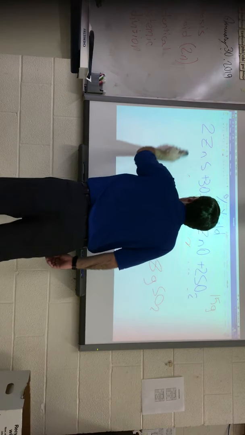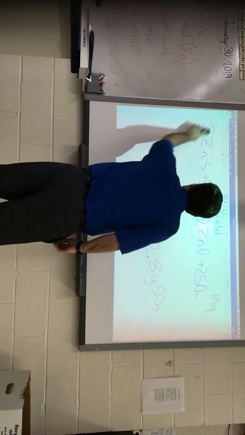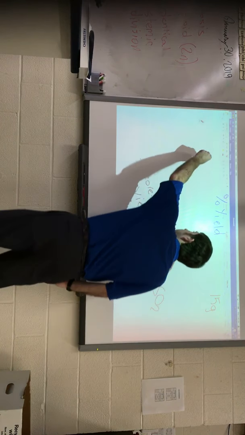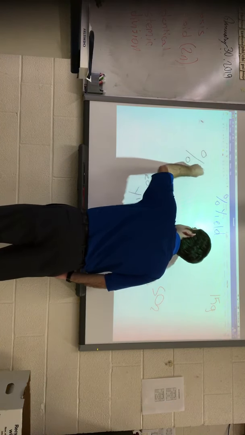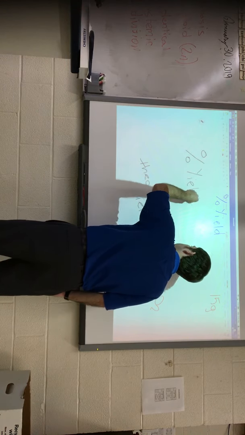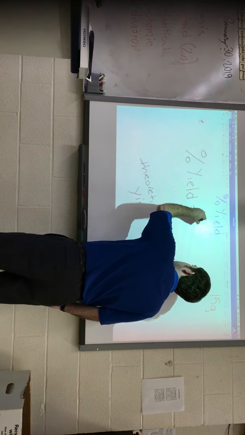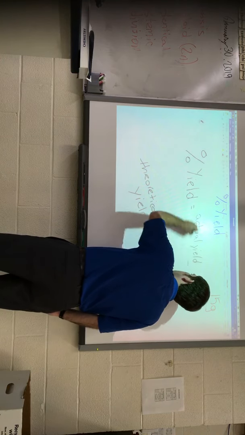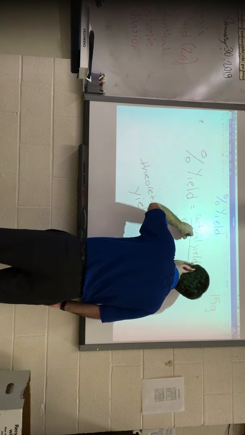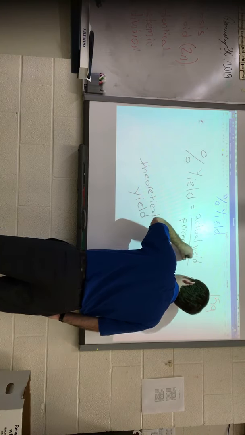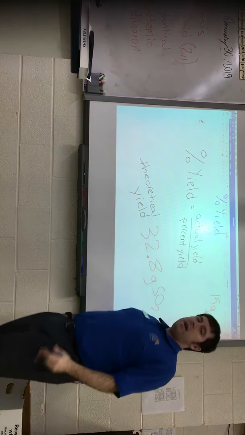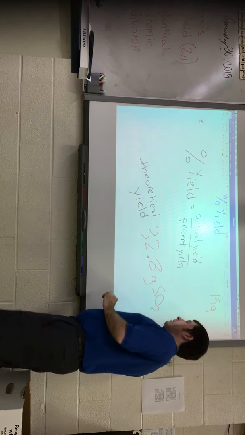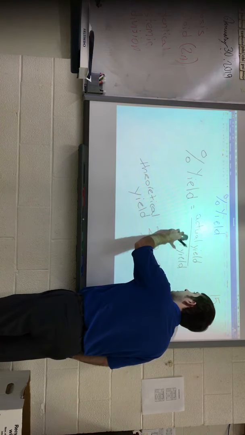Percent yield, ladies and gentlemen, if you had to write a formula, looks something like this. This is straight in your book. It is the actual yield over the theoretical yield. Oh, excuse me. I'm tripping up here, ladies and gents.